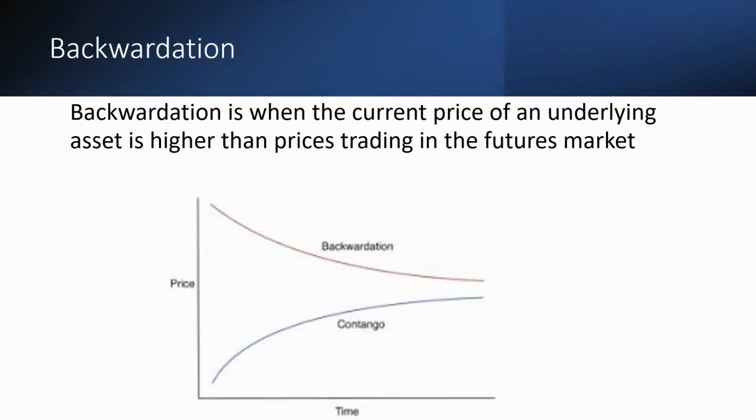Again, taking the same example as contango, let's say a plant manufactures certain product or a widget, and there is a failure in machinery that helps make that product.